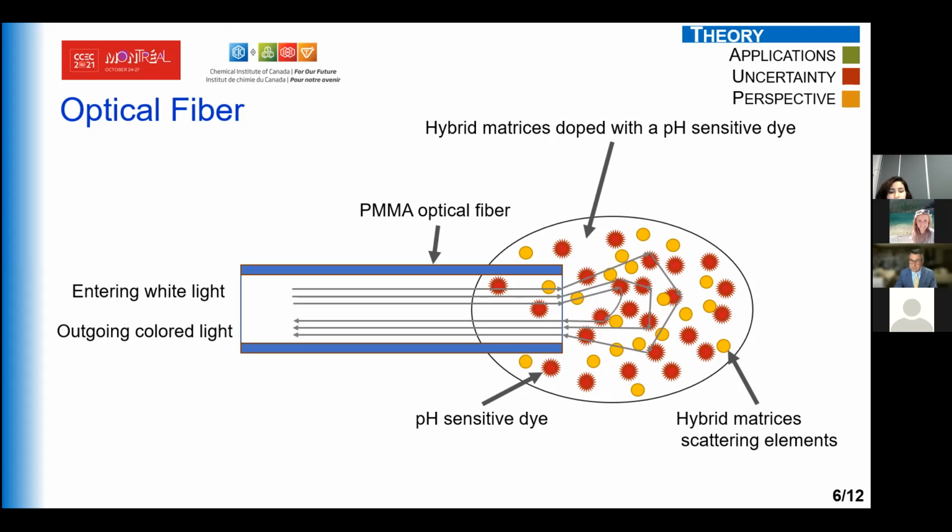So here, remote sensing of pH is possible because the light can go over long distances. One important advantage of this technique is that, unlike the other two previously mentioned methods, there are no electrostatic or electromagnetic fields, so it can be used for in vivo applications.